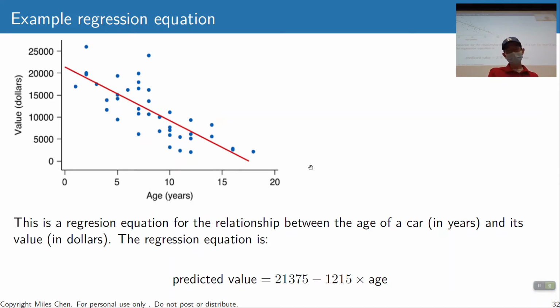When we created this equation, the predicted value is 21,375 minus 1215 times the age.